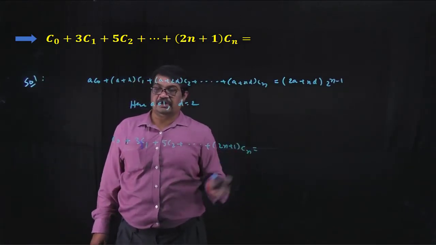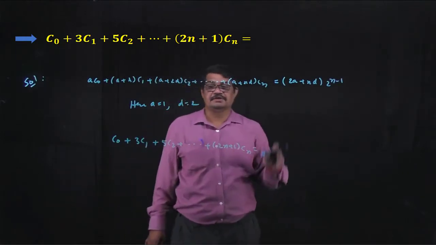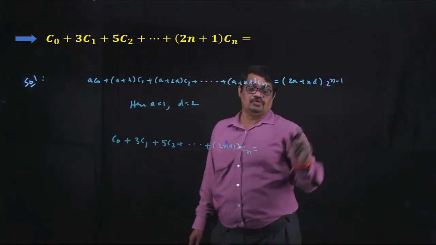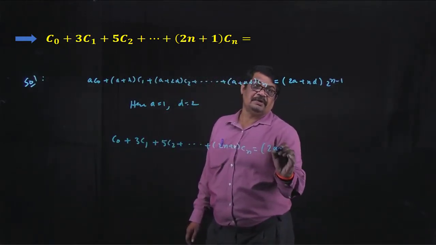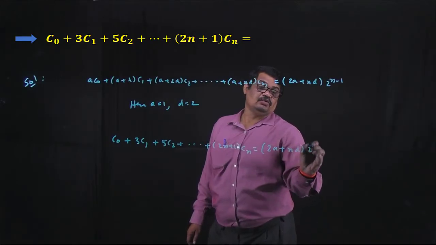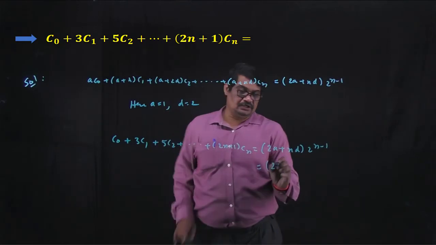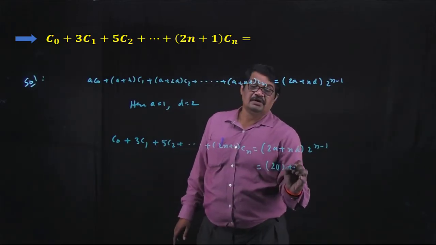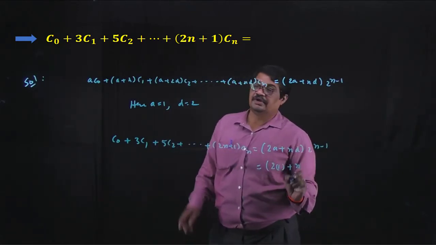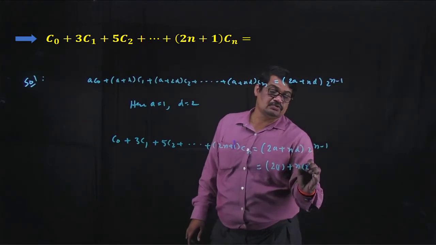We are using this formula, (2a plus nd) into 2 to the power of n minus 1. Here a is 1, and d, the common difference, is 2.